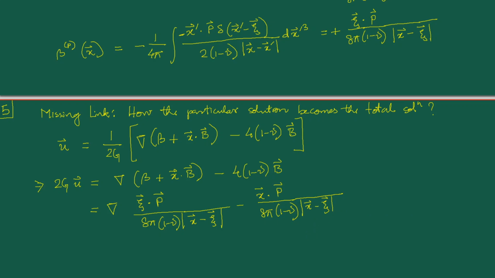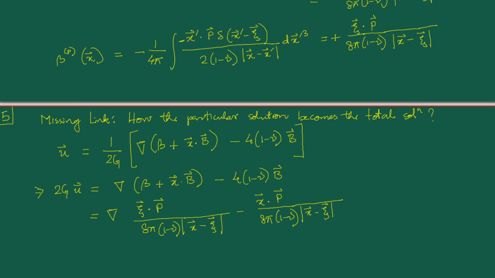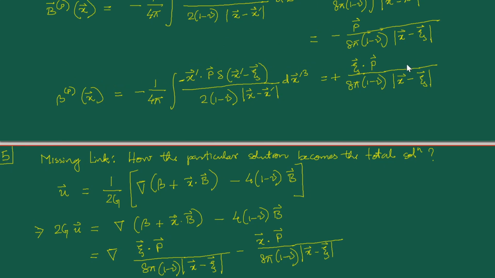Alright, so let me just check it once more if I've written it correctly. So if you just compare it here, all that I have done here is just dotting this numerator with the x dot, because I have this x dot b. Okay, so this entire thing is within bracket because the gradient is operating on this entire thing.